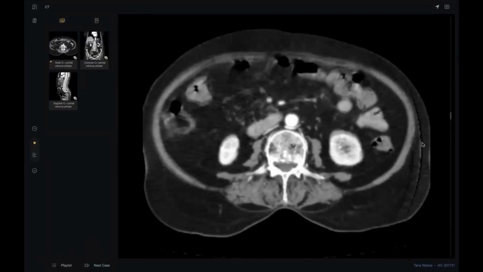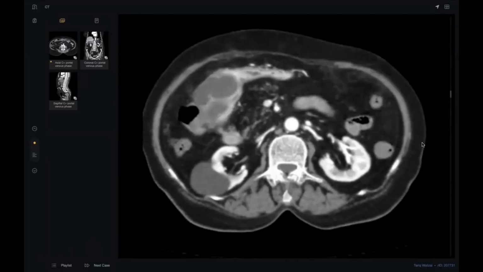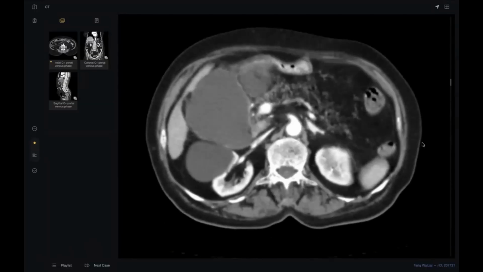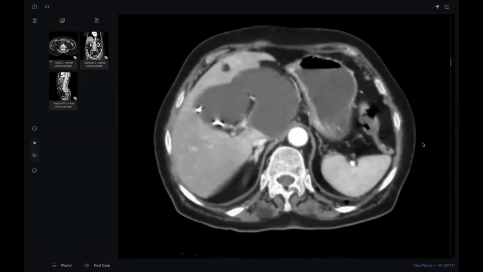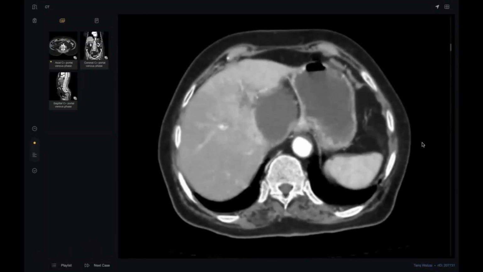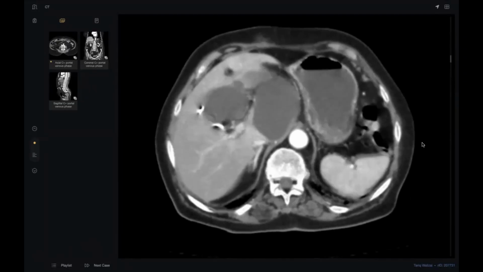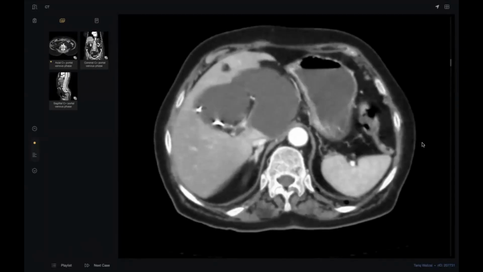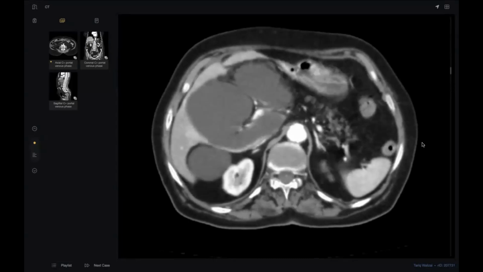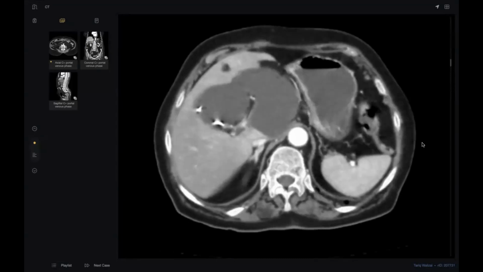Yeah, so this is a CT abdomen with IV contrast. It is post cholecystectomy, right? Yes.